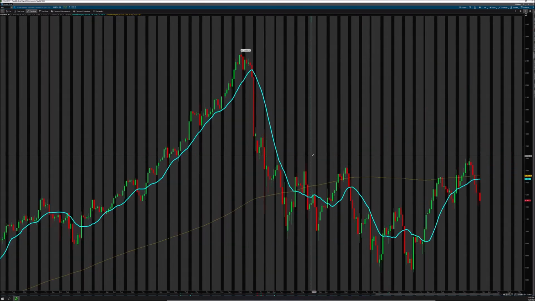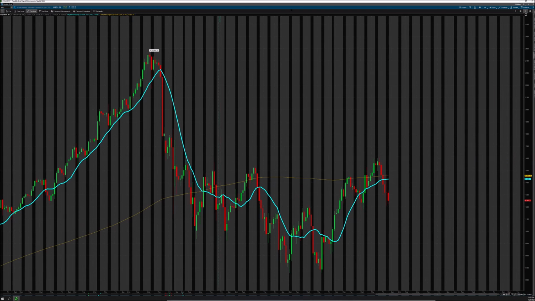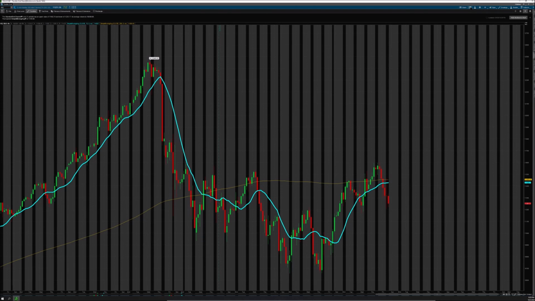Again, this is a 4-hour time frame. If you go on a shorter time frame, we can see. That's not what I need either.